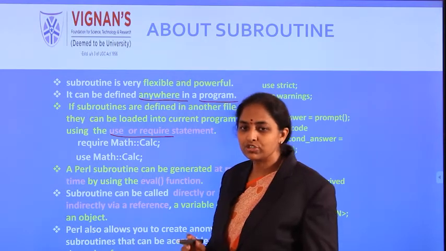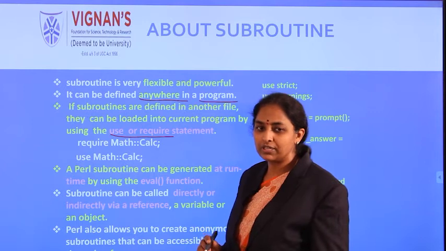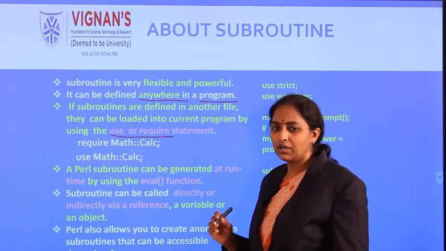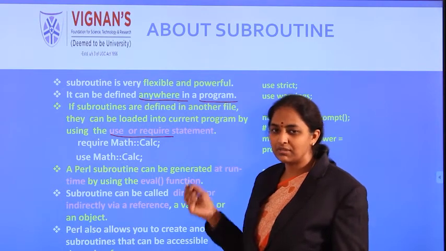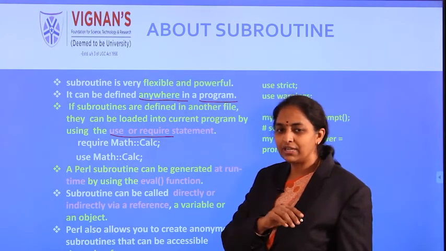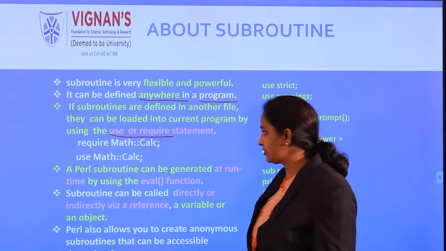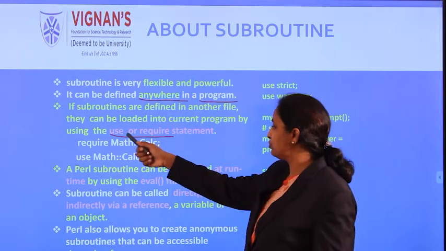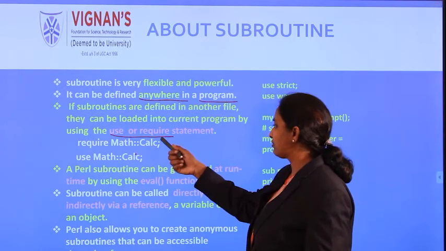These are the two statements which are useful whenever we want to use a function call whichever is defined in some other file. Suppose that function was defined in another file, but we want to use it, then we can use these two keywords, use or require statement.